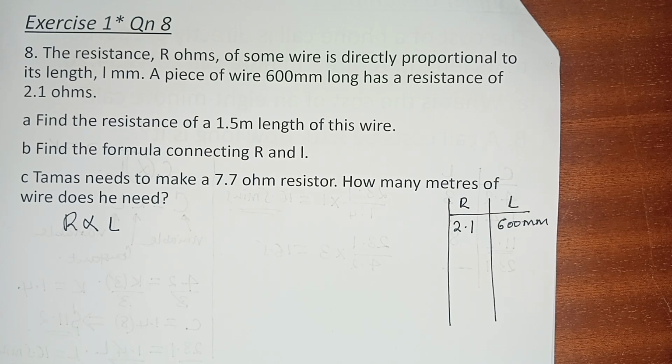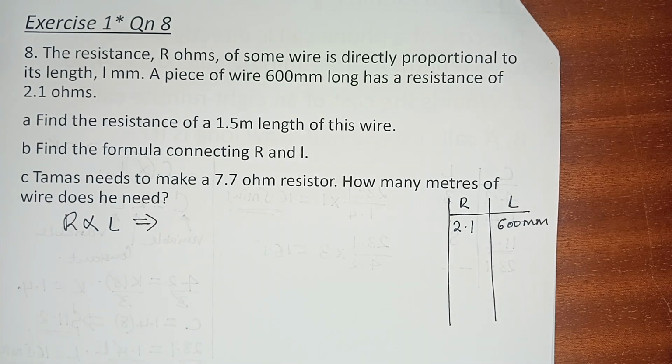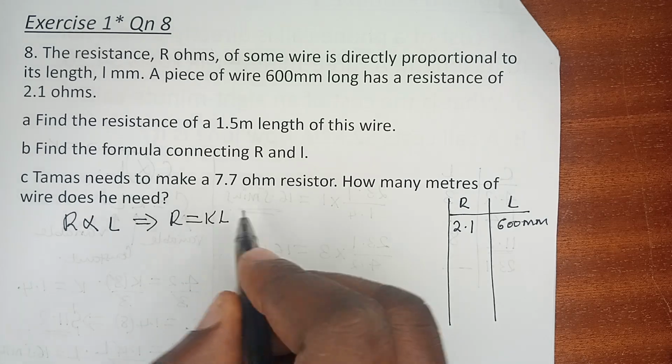With that information, we can calculate the constant of proportionality. Before anything else, we have to write R in terms of L as an equation by introducing K, which is the constant of proportionality, which means R is equal to KL.